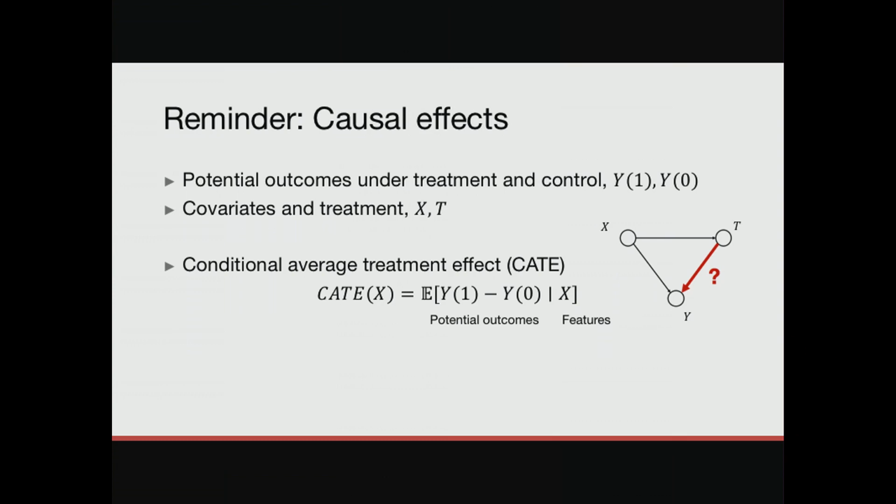And we had a set of covariates, X, and a treatment T. And we were interested in what is the effect of this treatment T on the outcome Y, given the covariates X. And the effect that we focused on that time was the conditional average treatment effect, which is exactly the difference between these potential outcomes conditioned on the features. So the whole last week was about trying to identify this quantity using various methods.